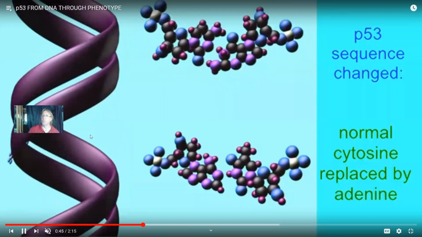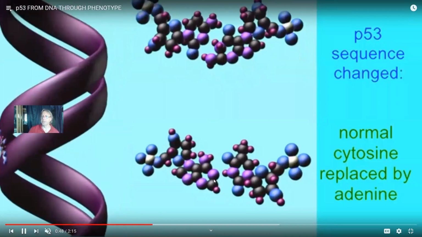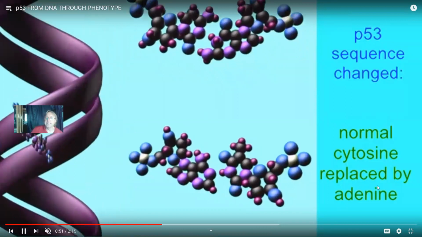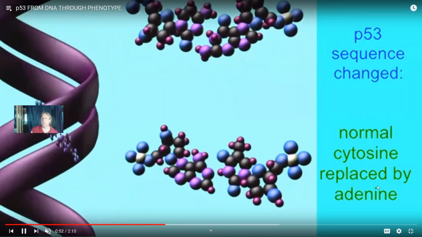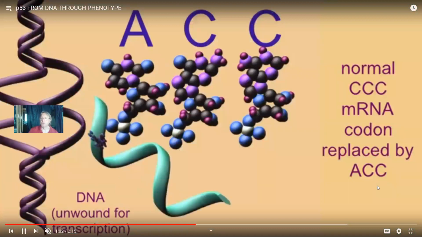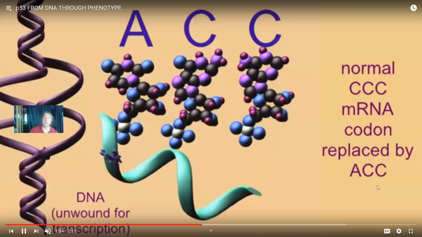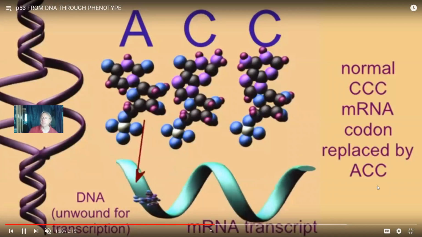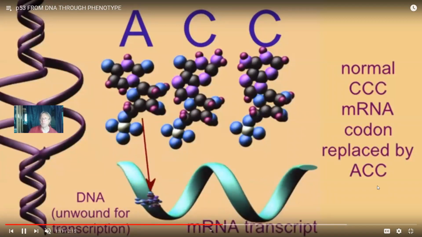We don't want the nucleotide order to be changed. A change or a mutation means that if the DNA sequence is changed, this could change the RNA sequence which is copied from it. So the RNA codons which leave the nucleus and go out to the cytoplasm of the cell could be different than what was originally intended.